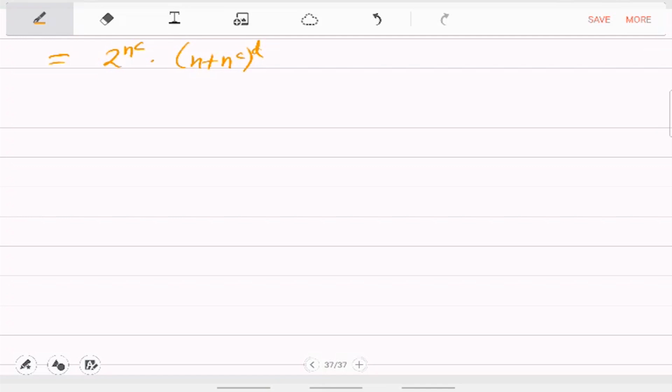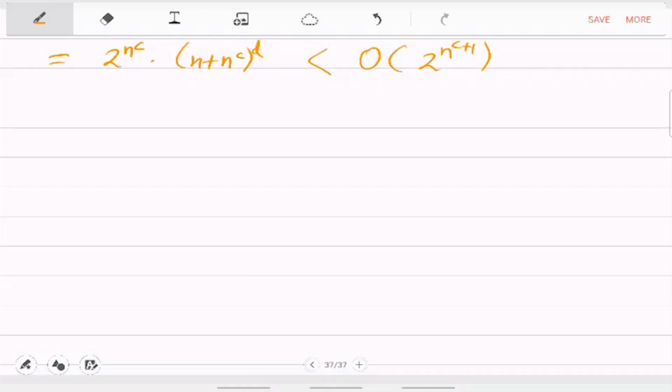But notice that this is still exponential in n, it's not more than exponential. So this is actually less than 2 raised to n raised to c plus 1. You can check this because c and d are absolute constants and n you can take larger.